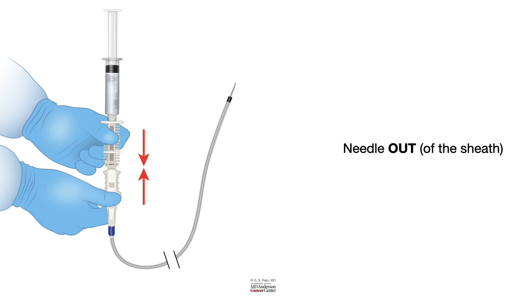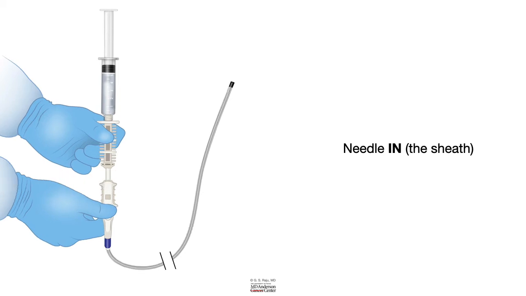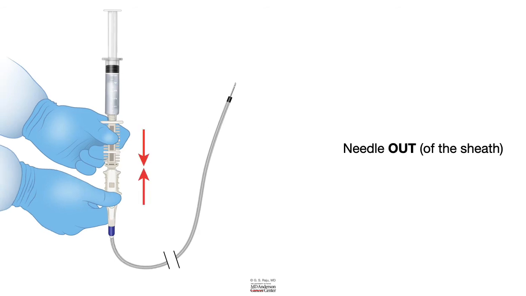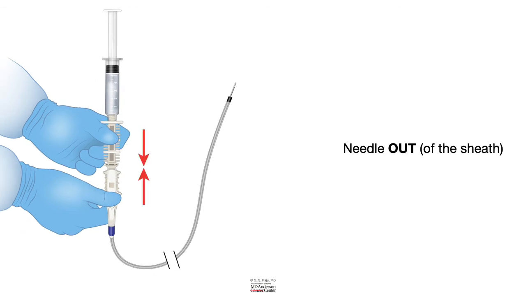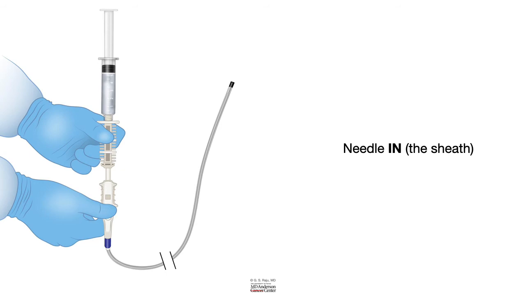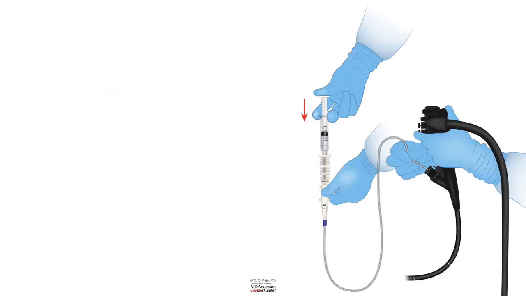That is needle out. Most endoscopists use the term needle in, needle out. Once you check that your needle is working and primed, make sure that the needle is back in the sheath before you give it to the endoscopist.